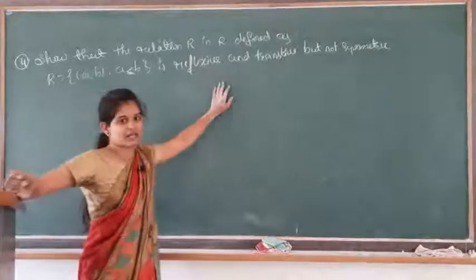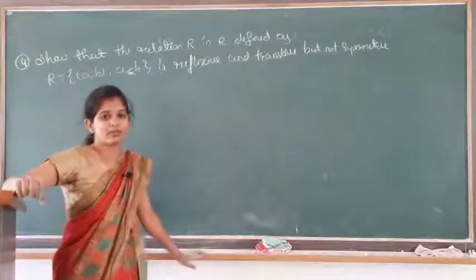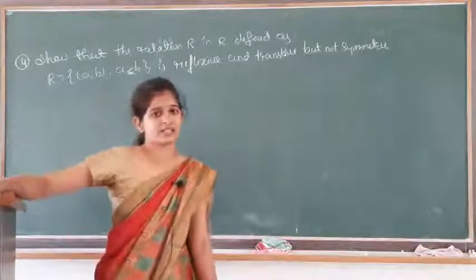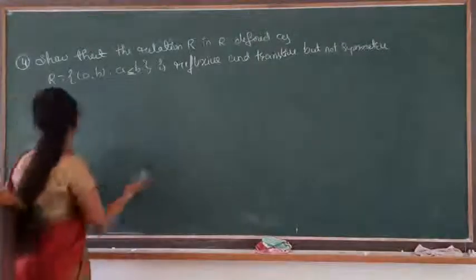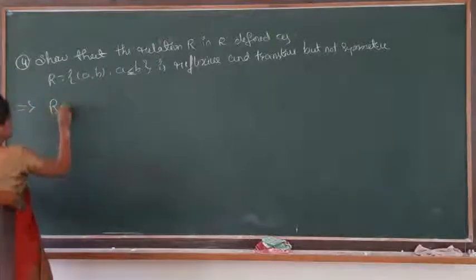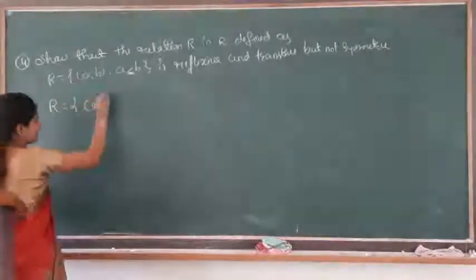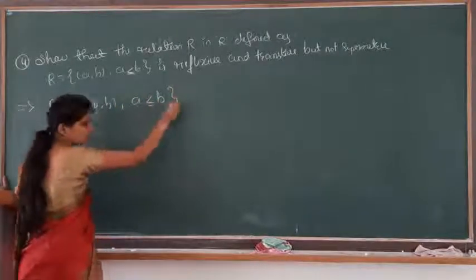We know that the real numbers include all natural numbers, whole numbers, integers, rational numbers and irrational numbers. The given set is R. The relation is (a, b) such that a ≤ b, meaning the first element should be less than or equal to b.